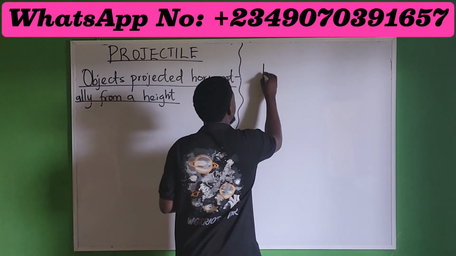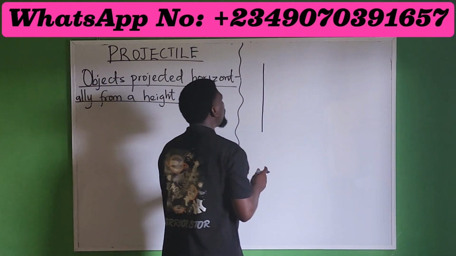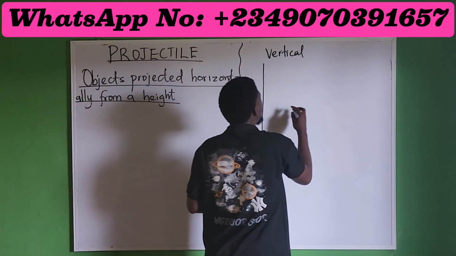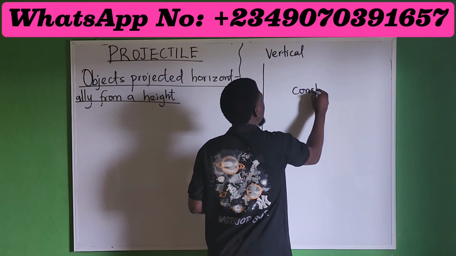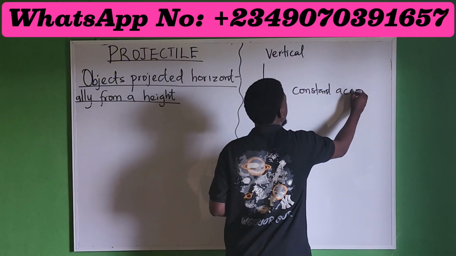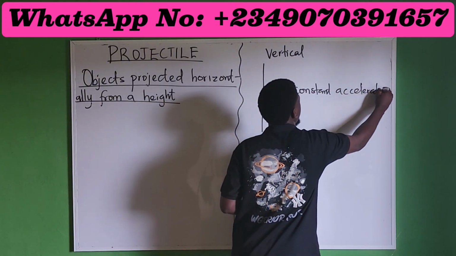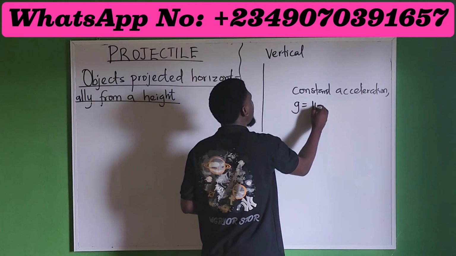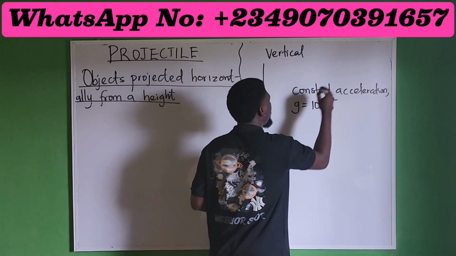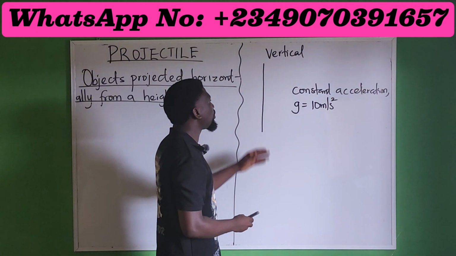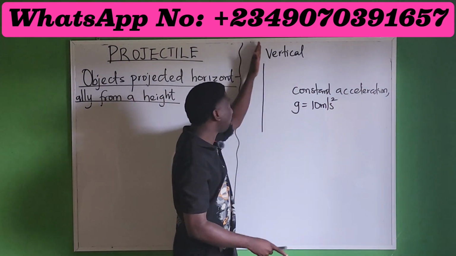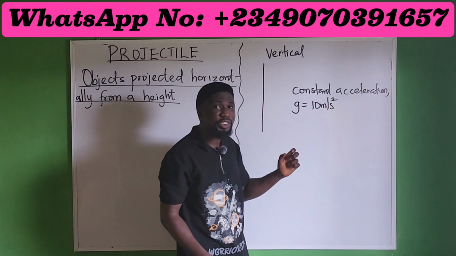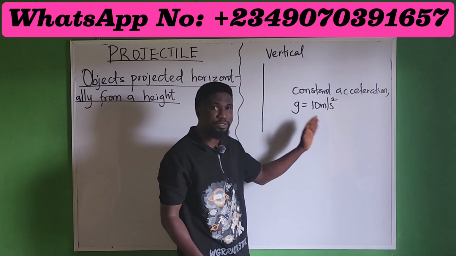For the vertical motion, it's going to have what we call constant acceleration, where acceleration due to gravity is 10 meters per second squared. That's for the vertical motion.